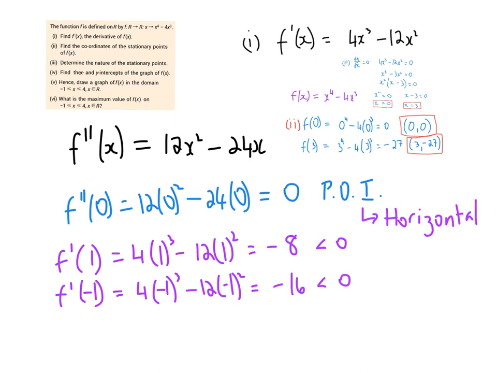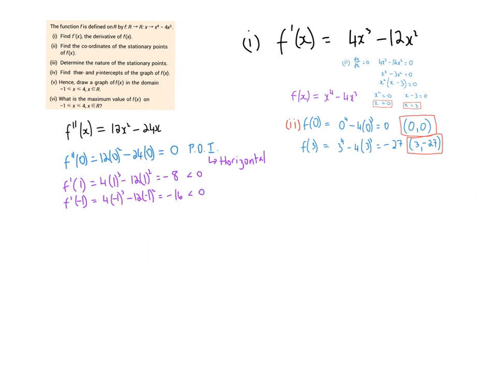Okay, and now we want to see what our other stationary point is. So is it a point of inflection or a local maximum or a local minimum point? And even looking at the value of it, where it's (3, -27), we'd imagine it's a local minimum, but let's just check.